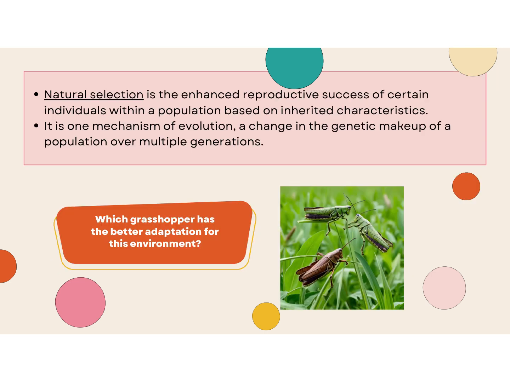This brings us to the concept of natural selection. Natural selection is the enhanced reproductive success of certain individuals within a population based on their inherited characteristics. This is one mechanism of the bigger idea of evolution, which is a change in the genetic makeup of a population over multiple generations.